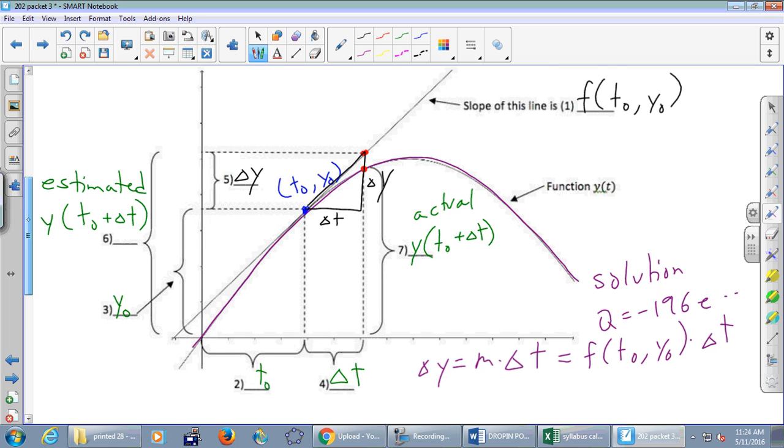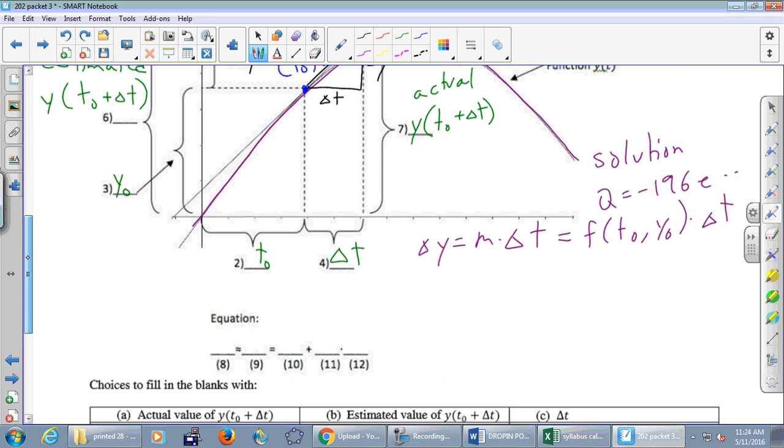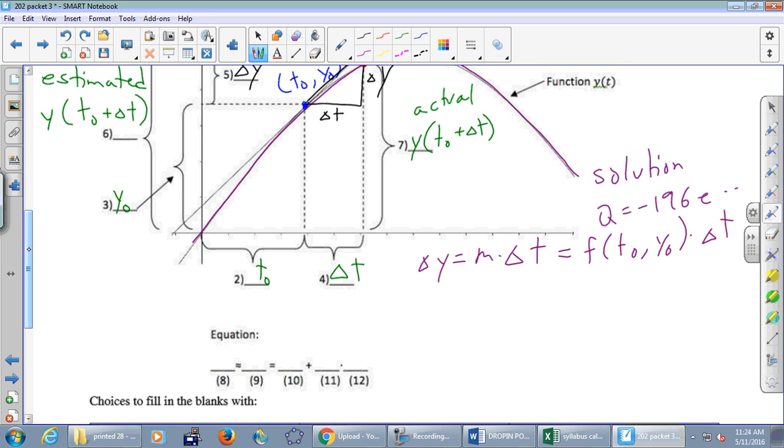Okay, I think we're ready to start filling in some stuff in the bottom equation. Okay, starting with number 8. What we were interested in was the actual y of t plus delta t. So I'm just going to abbreviate that with the word actual. What we're going to do is write a formula for our estimated thing, which at 8 is just the, I'll highlight it here, that's this. It's just the next number in the list.